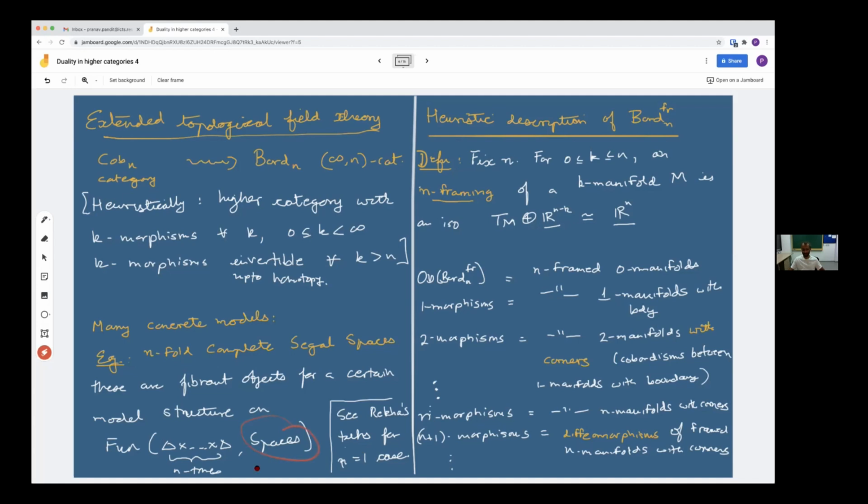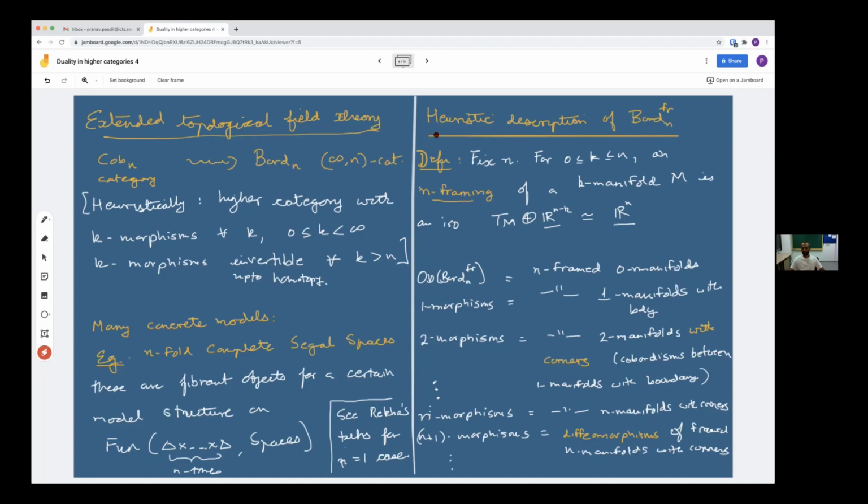So you replace spaces by complete Segal spaces and repeat the process: look at simplicial objects in complete Segal spaces and then ask for them to satisfy a Segal type condition and iterate the process. It's a non-trivial fact that you can iterate this process and construct a theory of n-fold complete Segal spaces to get a good model for infinity-n categories. And that's just one of the models that you can construct. So I won't say anything more technical about what an infinity-n category is, except that it's heuristically given by this idea, and that if you are interested in the precise models, you should look up, for example, n-fold complete Segal spaces or Theta_n spaces.